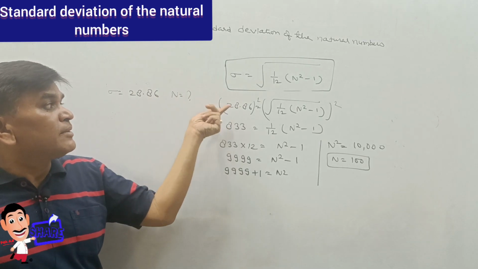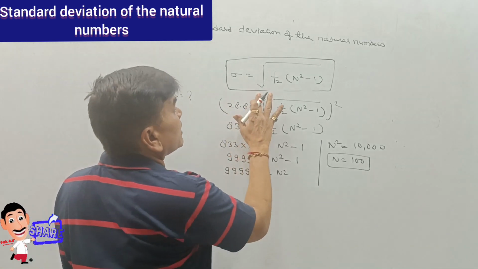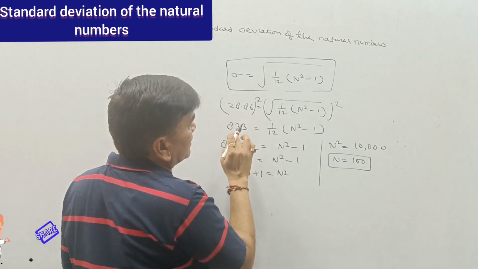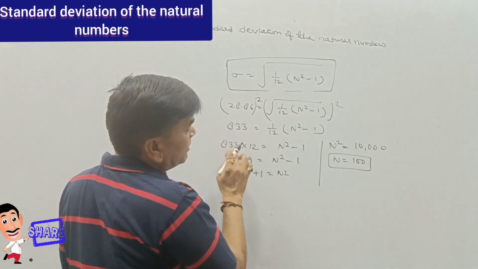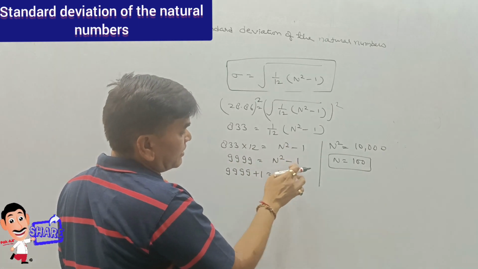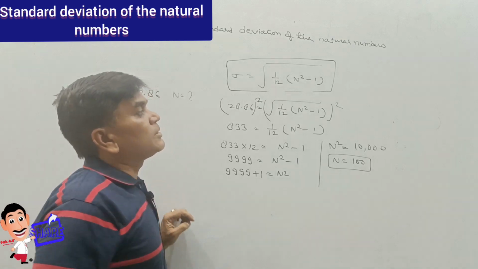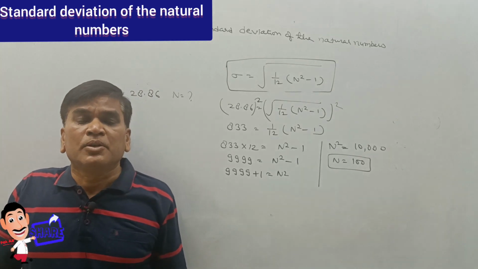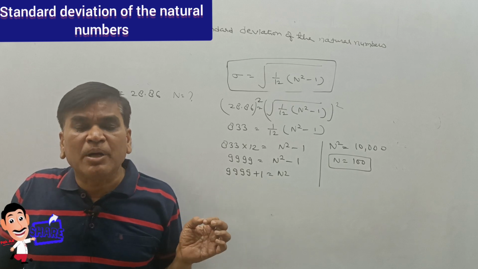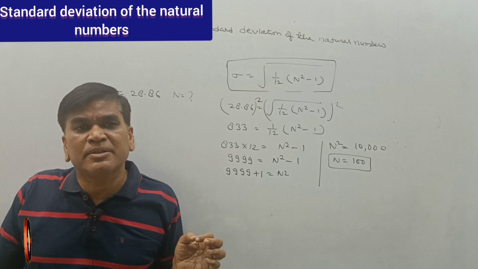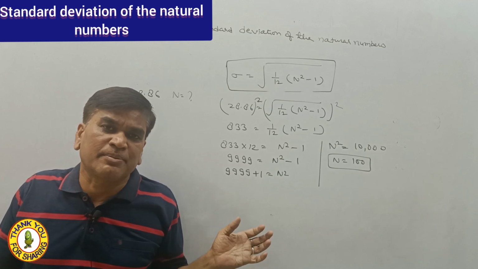Keeping the standard deviation, we square both sides so the square root cancels. 833 multiplied by 12 is 9999, which equals n squared minus 1, and the 1 comes over as plus 1. I think this video will be helpful for you to know how to calculate the standard deviation of natural numbers with the direct method. Thank you.